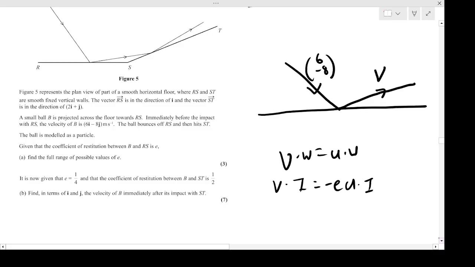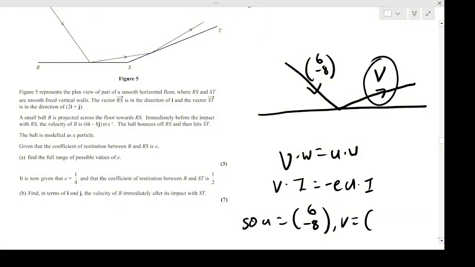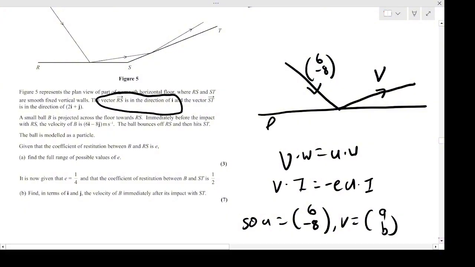So in this case, obviously we've got u to be the vector 6 minus 8. Now I don't know what the vector V is, that's what I'm going to work out. I'm going to call it AB. I don't know what the impulse vector is going to be, but I am told the direction of the wall. I'm told that the vector RS is in the direction of I. Now, this is the wall, RS.